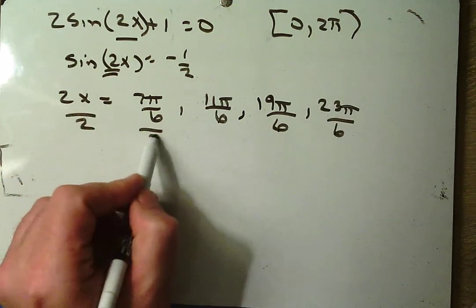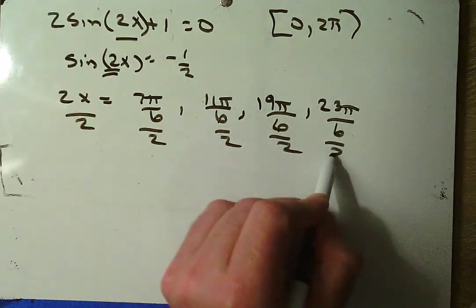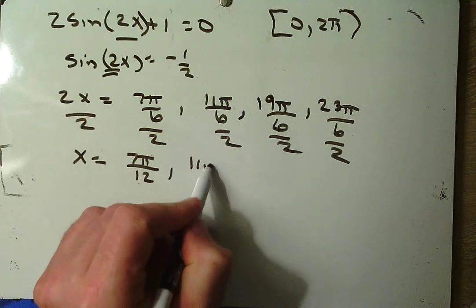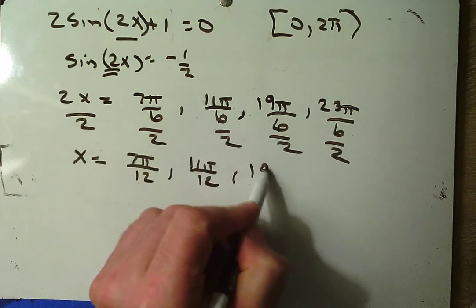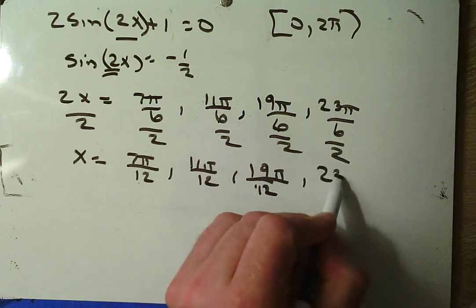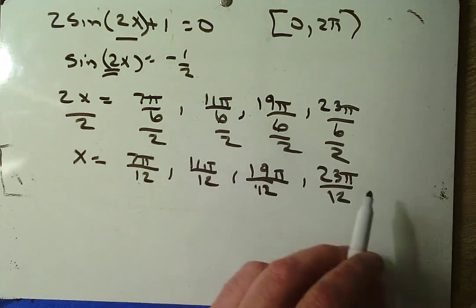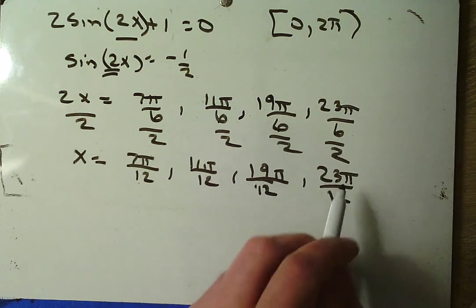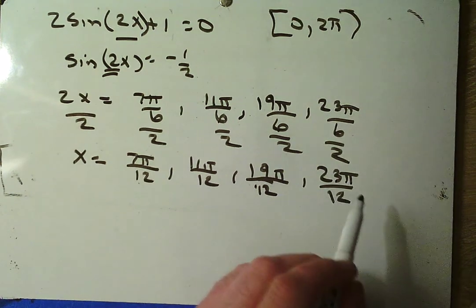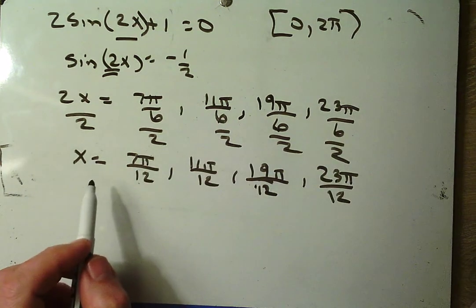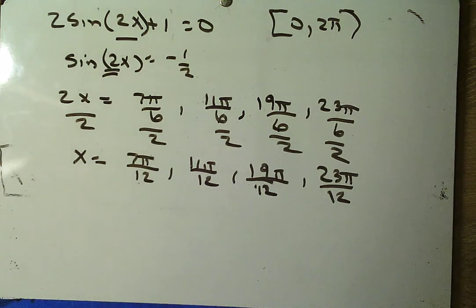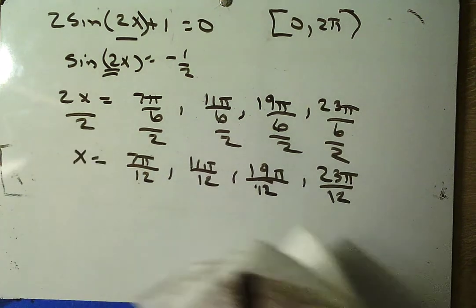If we divide both sides by 2, we end up with x equals 7 pi over 12, 11 pi over 12, 19 pi over 12, and 23 pi over 12. Now, if this were 24 pi over 12, that would be exactly 2 pi. 23 pi over 12 is just a little less, so we know that all 4 of these solutions are between 0 and 2 pi. Okay, so no double angle formula there.